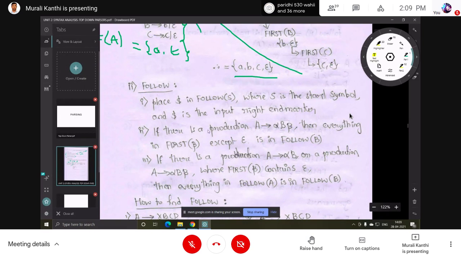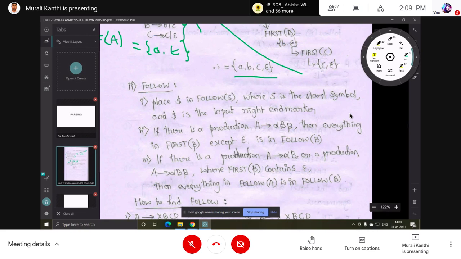Second rule: if there is a production A implies alpha B beta, then everything in first of beta, except epsilon, is in follow of B. So here we are finding follow of B. In that case, after B, whatever the symbols are have to be considered.